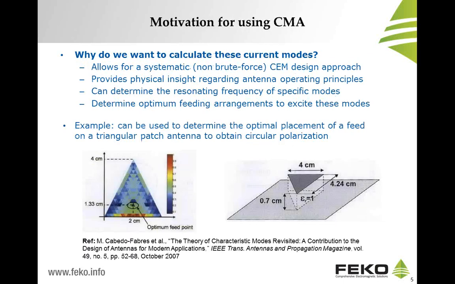Now, a good question at this stage is, why do we want to calculate these current modes or individual building blocks of a reference solution? The reasoning is that it allows for a systematic or non-brute force computational electromagnetic design approach. Frequently, we encounter in antenna design that people design antennas without really understanding all of their fundamental properties.